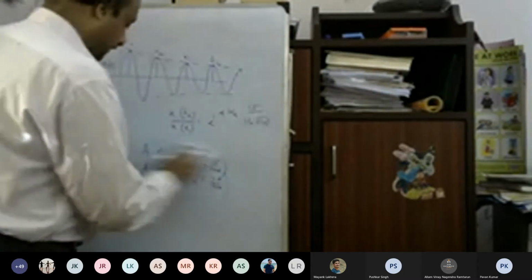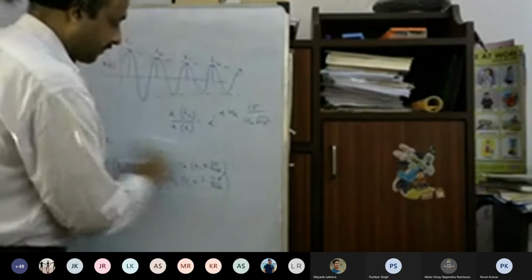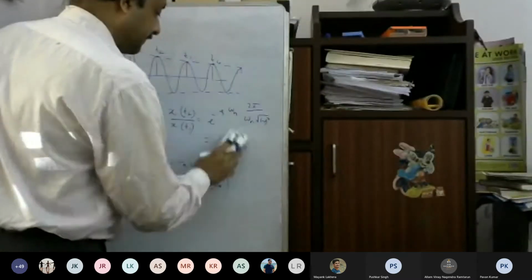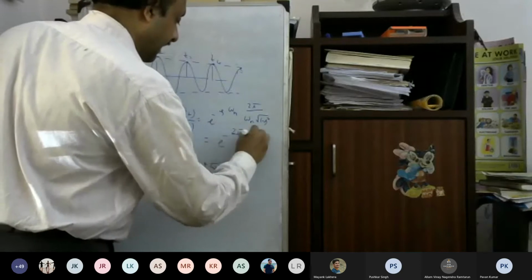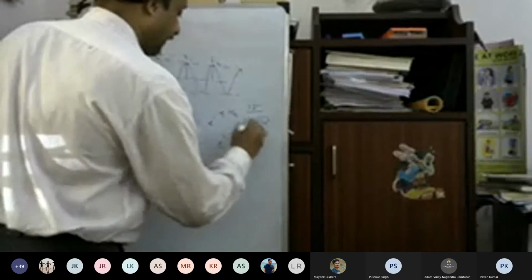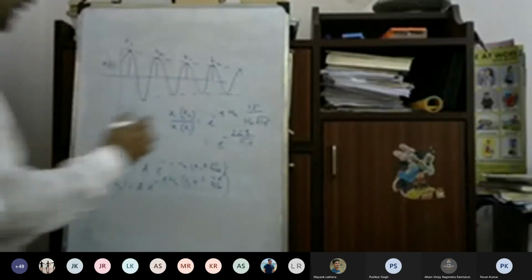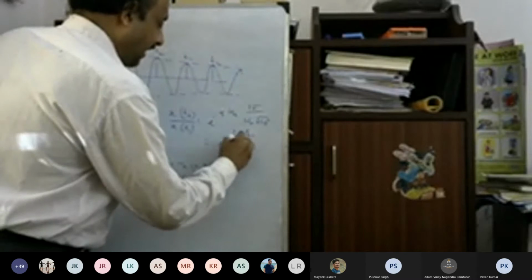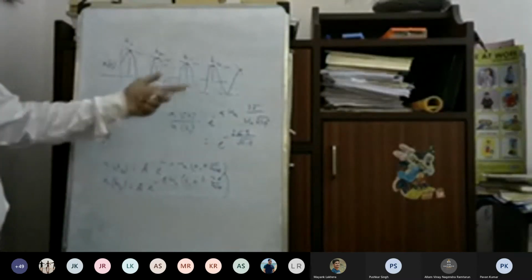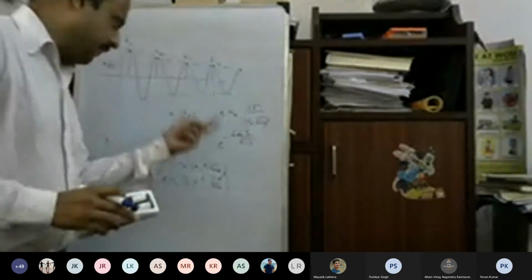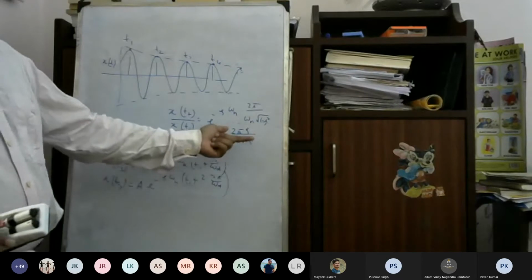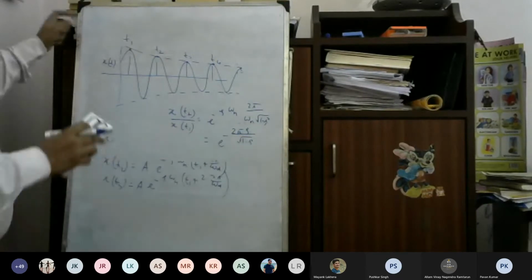So this will be equal to e to the power minus 2 pi zeta divided by square root of 1 minus zeta square. And you will see that x(t3) by x(t2), x(t4) by x(t3), every one of these ratios will be equal to e to the power minus 2 pi zeta divided by under root 1 minus zeta square. Okay.